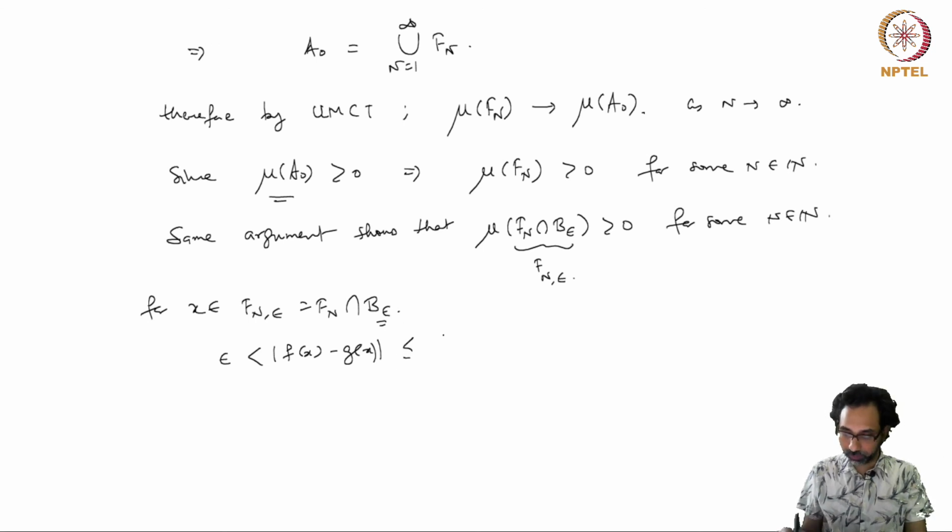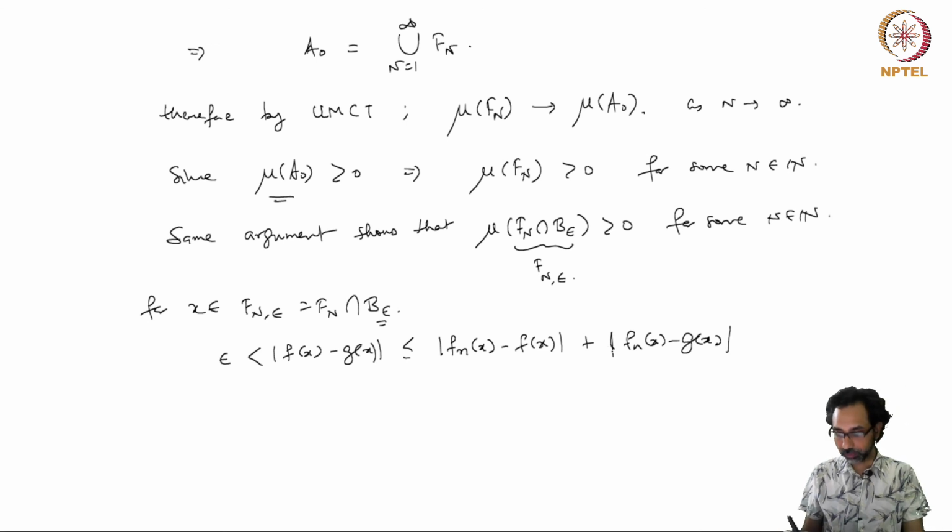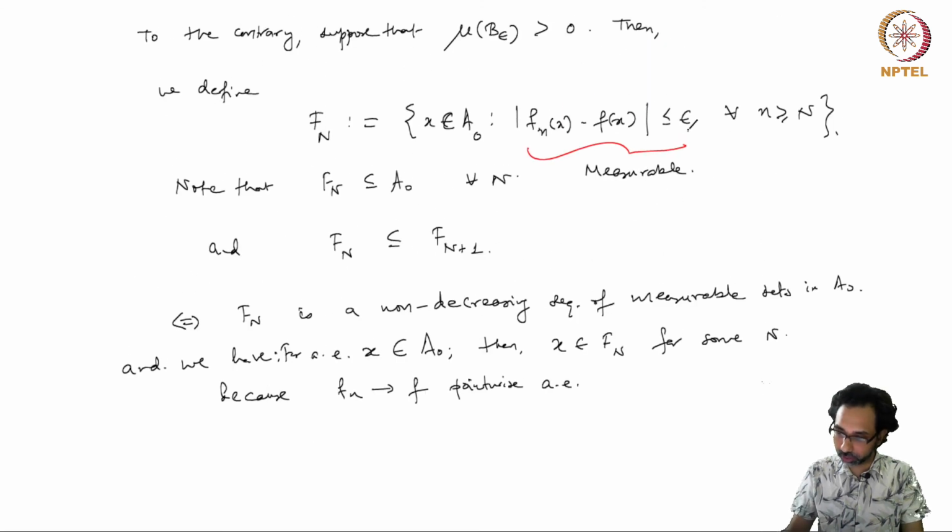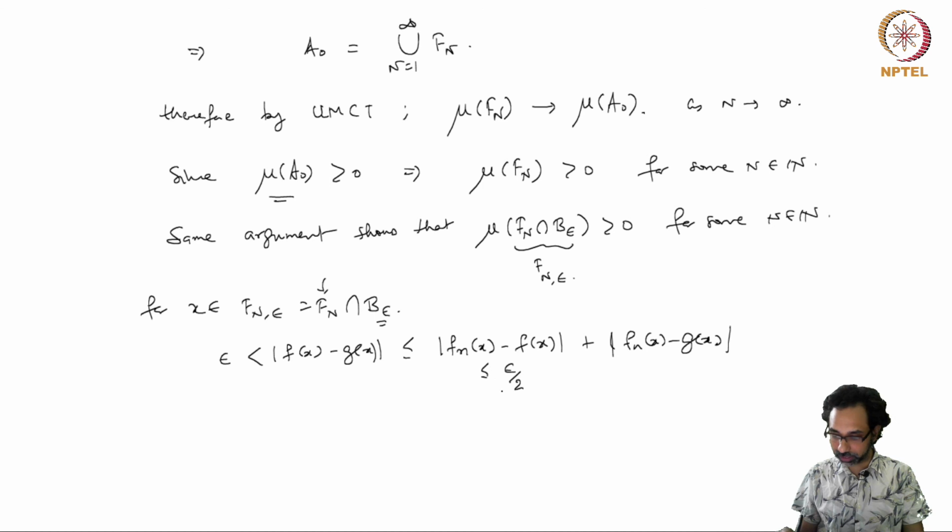And now if I use the triangle inequality here, you can bound it above by the modulus of f_n(x) minus f(x) plus the modulus of f_n(x) minus g(x), and because x belongs to F_N, this part is less than or equal to epsilon. So in fact I would like it to have value less than epsilon by 2. So let me go back and change it a little bit. So I would like it here to be less than or equal to epsilon by 2. And so if this is less than or equal to epsilon by 2 and the sum is greater than epsilon, this means that the second term is strictly greater than epsilon by 2.